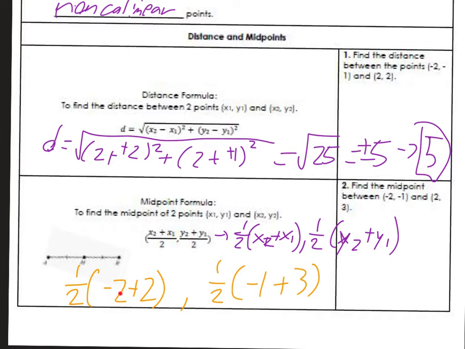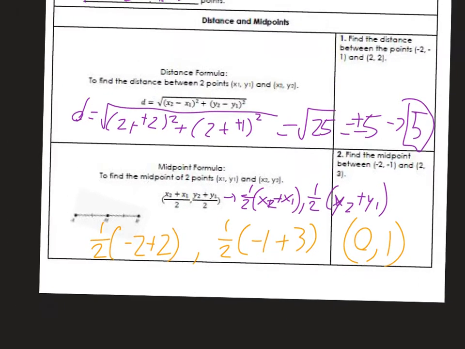Well, 2 plus -2 is 0. Half of 0 is still going to be 0. -1 plus 3 is 2. Half of 2 is 1. Midpoint is (0, 1). Yeah, that's everything there.